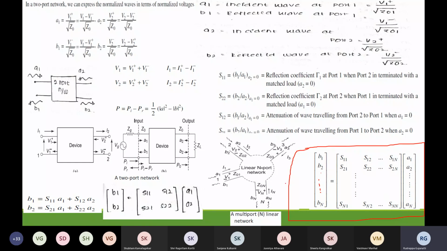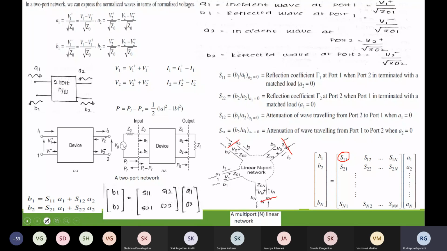Now, what is the other observation we have to look out for here? What is S11? S11 is B1 divided by A1, which gives you the reflection coefficient at port 1. Since there are these many ports, when you want to identify S11, the other ports have to be terminated.